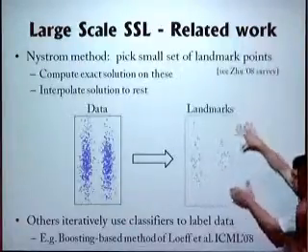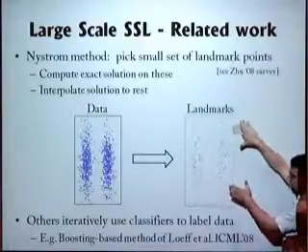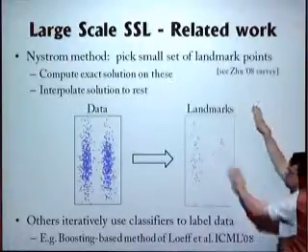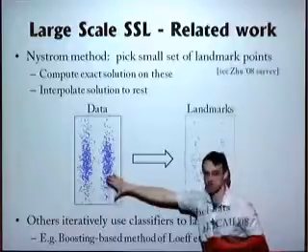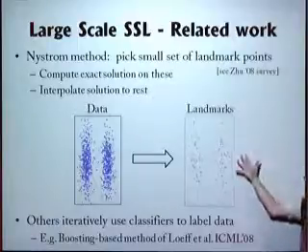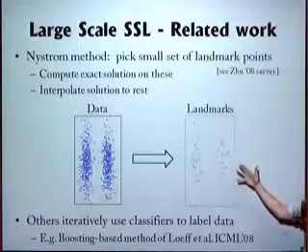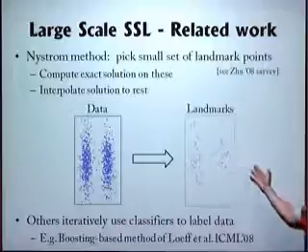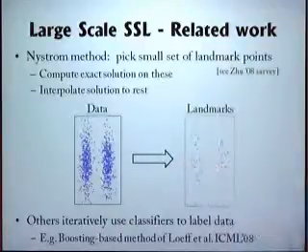Typically they're solving for the exact eigenvectors of the graph Laplacian of this reduced landmark set, and then they interpolate the other data points back into those eigenvectors. The basic intuition is that they are reducing the amount of data they have to deal with, solving an exact problem on that, and then figuring out what to do with the rest. So we're going to do something a bit different.